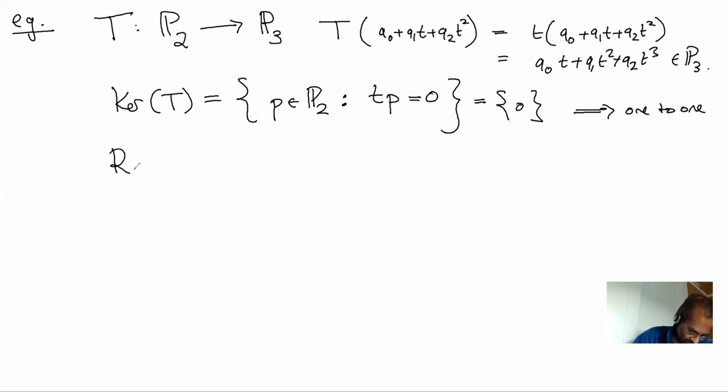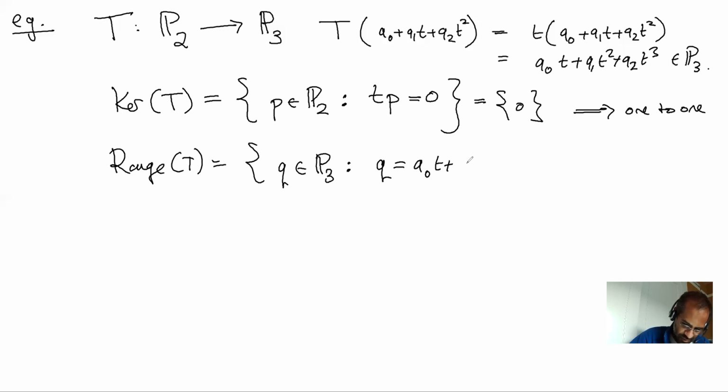And now what about the range of t? Well, that's the set of polynomials q of degree at most 3, so that q is equal to a naught t plus a1 t squared plus a2 t cubed for some a naught, a1, a2 in R. And so is that everything?